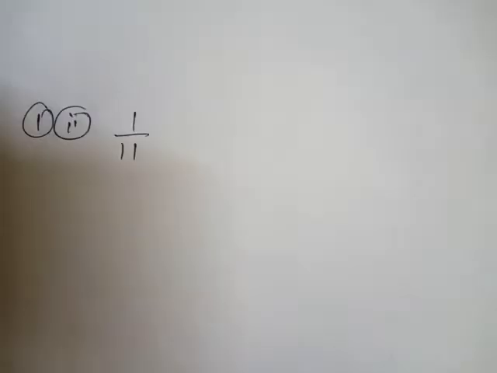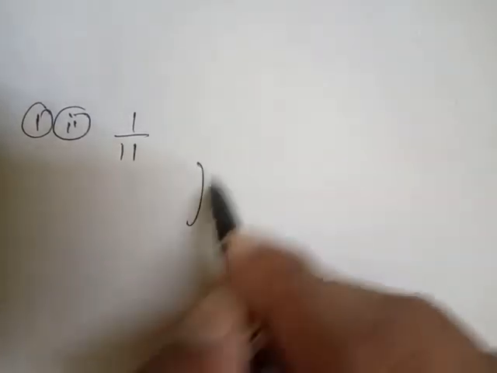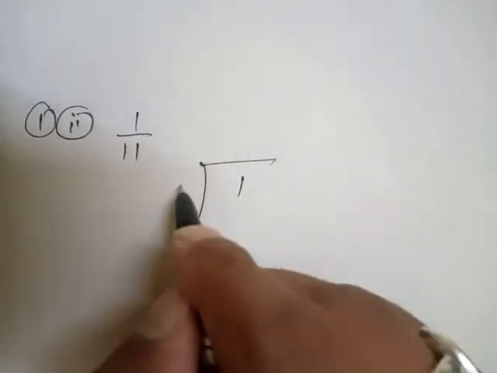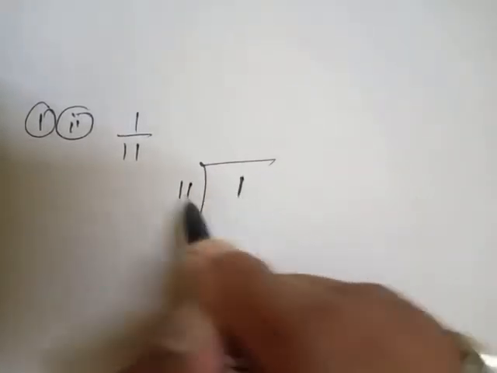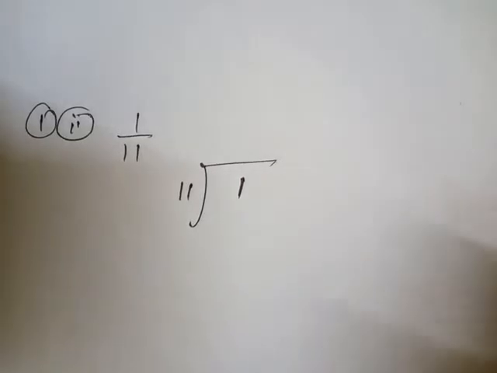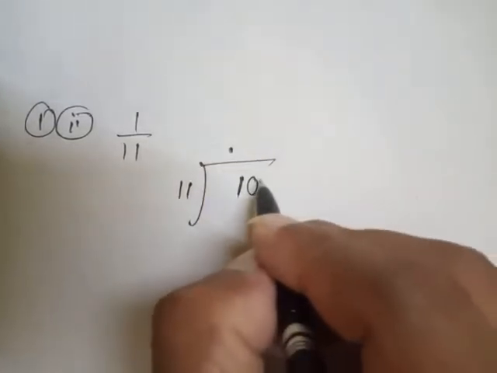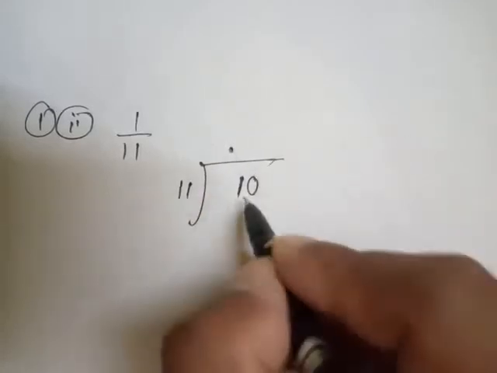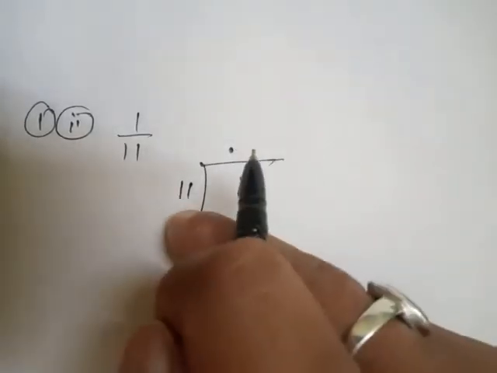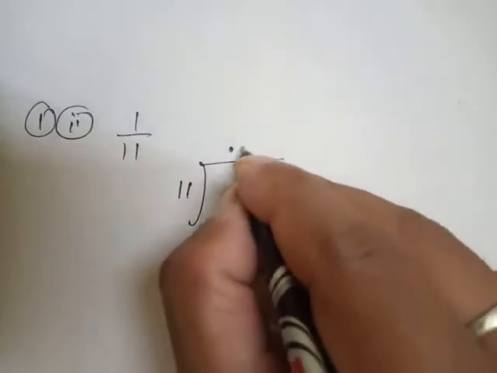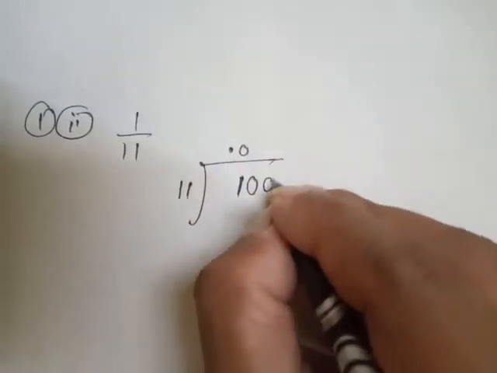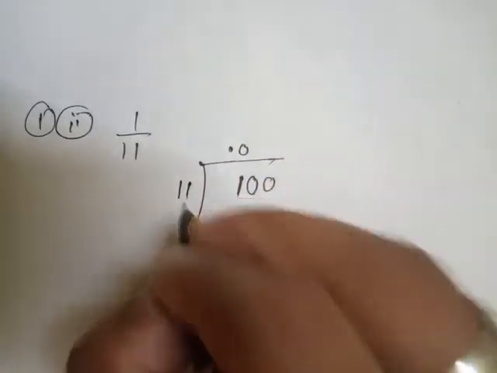Okay, now let's go for it again. 1 by 11: 1 is less than 11 obviously, so it cannot be divisible by 11, so we'll put one decimal point here, which means 0, and now it becomes 10. 10 is also less than 11, so it cannot be divisible by 11, so we give one more 0, then there will be 100. Now it is possible, 100 is bigger than 11.